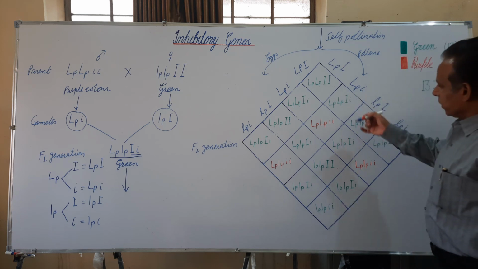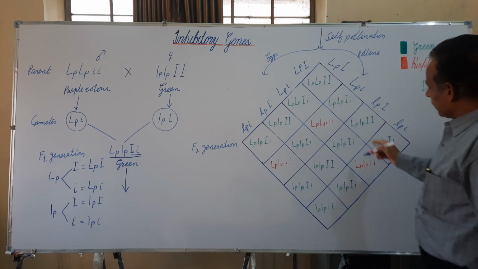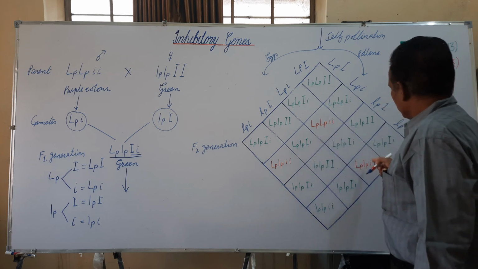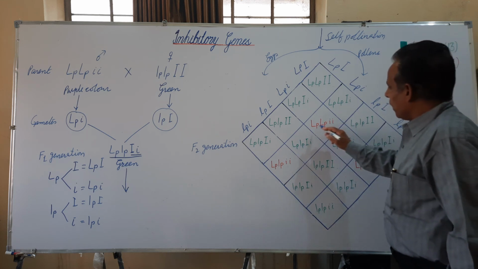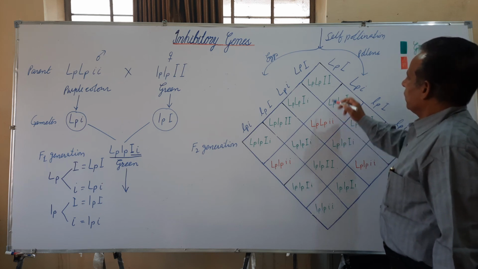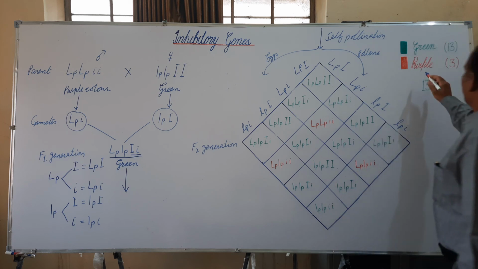So, in these conditions, the plants possess the green leaf, and only in the 3 zygotic combination, they possess the capital LP and not the capital I, so the color of the leaf become purple.